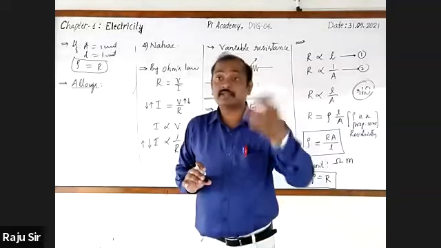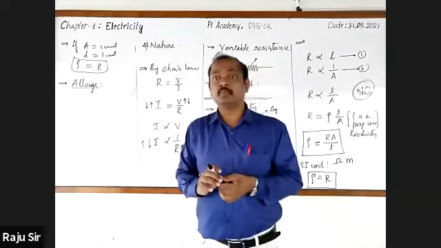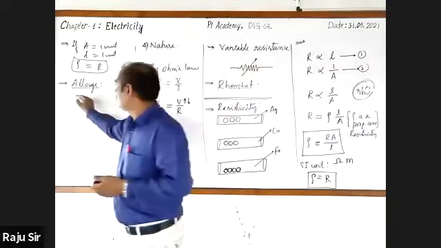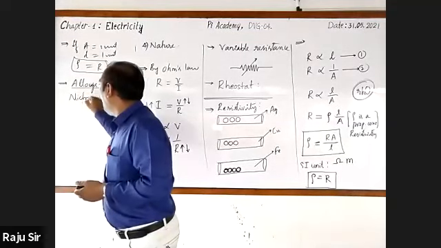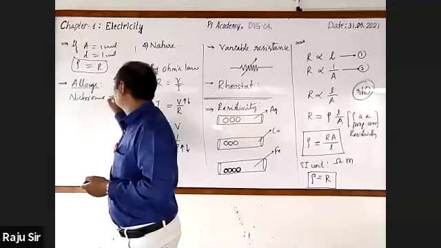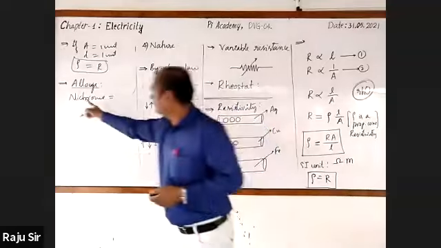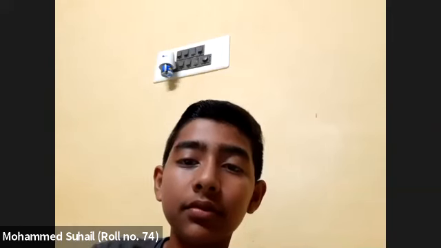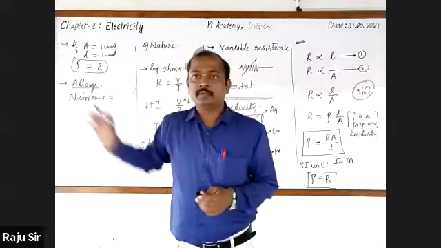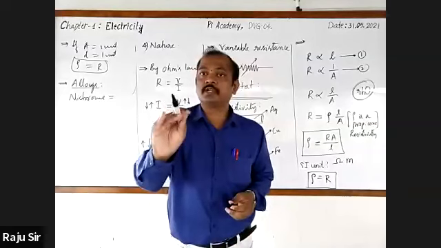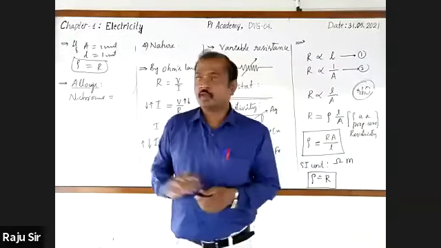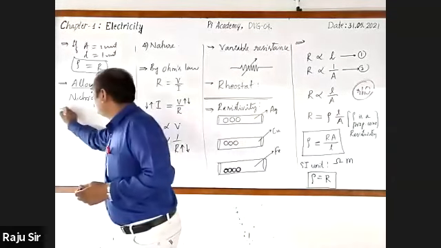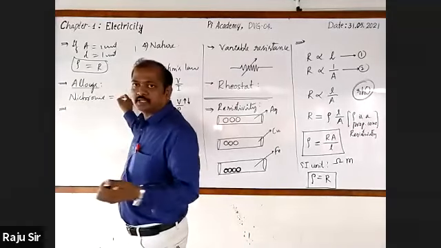You can take an example like nichrome, and its constituent metals are nickel, chromium, manganese, and Fe. It is a mixture of many metals, but it should be homogeneous. Remember that.